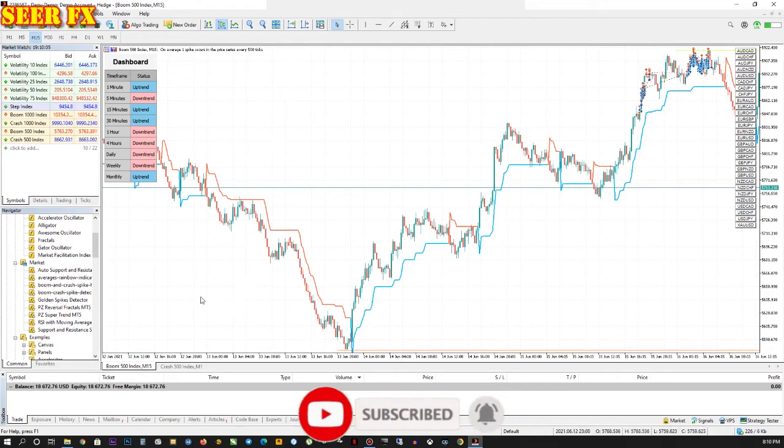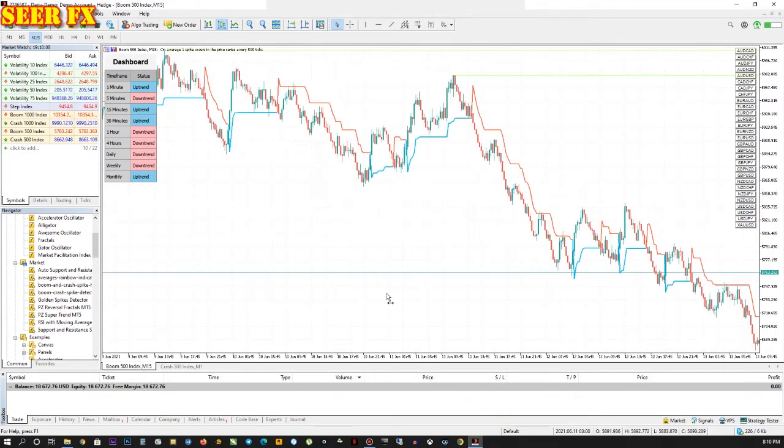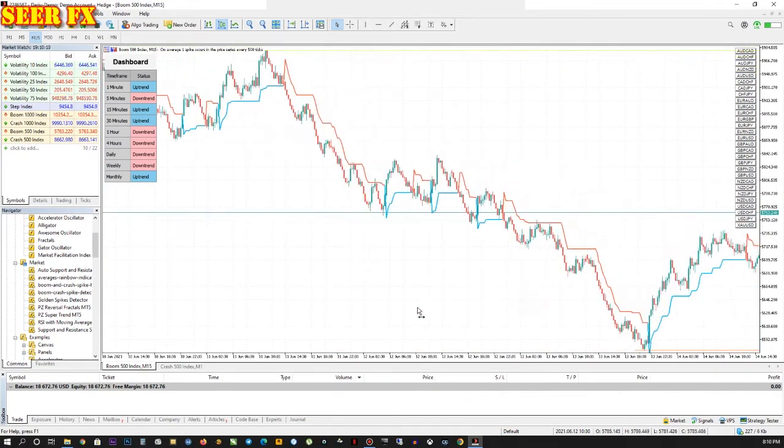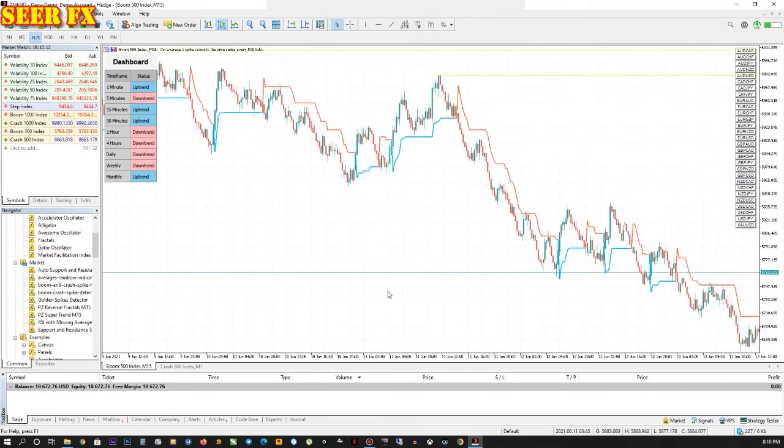Let's do a little backtest on these indicators so that you see how it works. Here this line stops, it touches this resistance, and it started coming down. Once it touches, do not buy from there, because this indicator repaints, the support and resistance will still move.